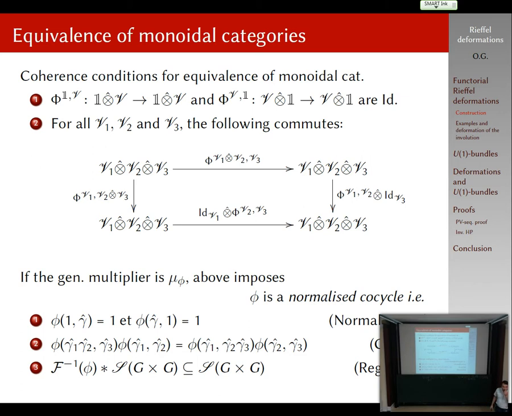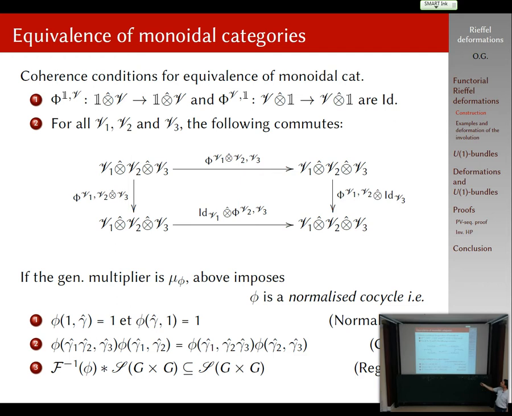We need, however, a bit more conditions to ensure that our natural transformation is compatible with associativity for the vector spaces. Well, actually, we need two conditions. First one is that it's compatible with tensoring with the unit on the left and on the right. And the second one is really that it's associative.